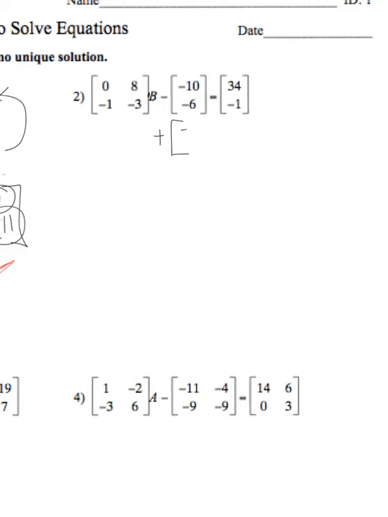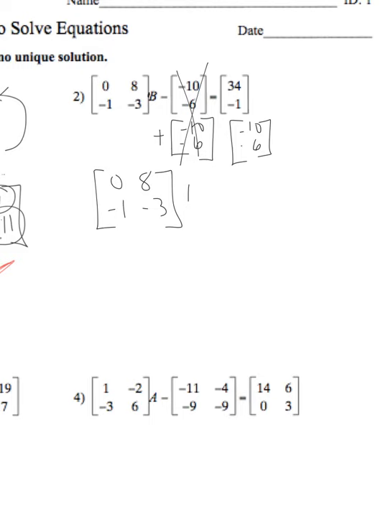So I'm going to add the negative 10, negative 6 to both sides. And now those two will end up being gone, and I have this 0, 8, negative 1, negative 3 times some other matrix B. It's going to equal 34 add negative 10, so 24, and negative 1 add negative 6 will be negative 7.